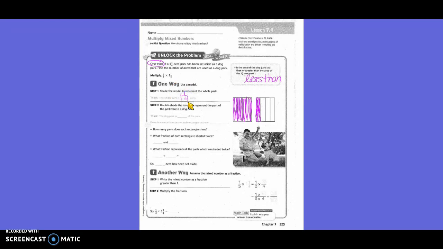Double shade the model to represent the part of the park that is a dog park. So how much of it is a dog park? 1/3. So we're going to have to break that section that we just colored into how many parts? Thirds. Do I break the whole thing into thirds or just the part I colored? Just the part I colored.